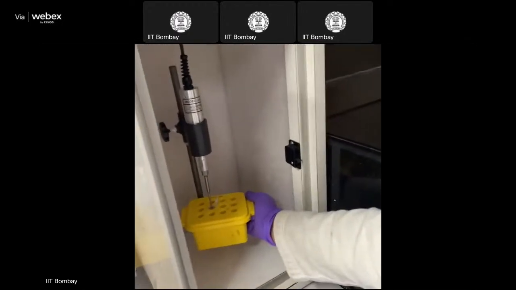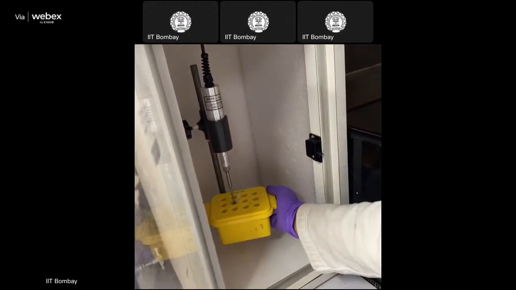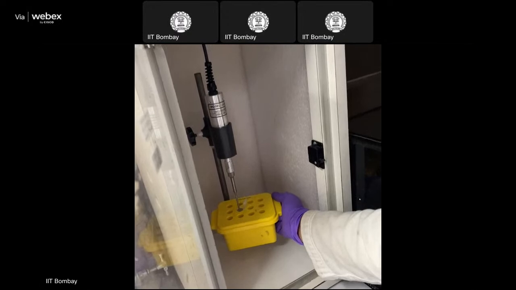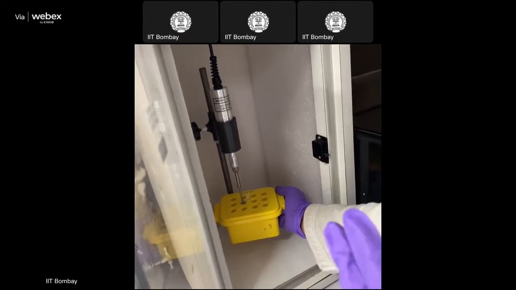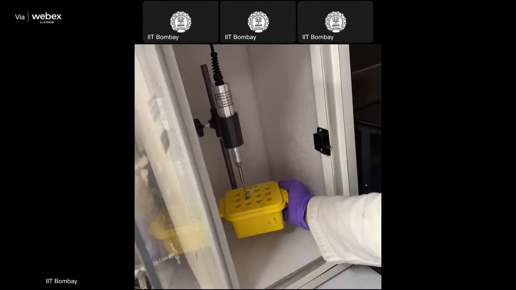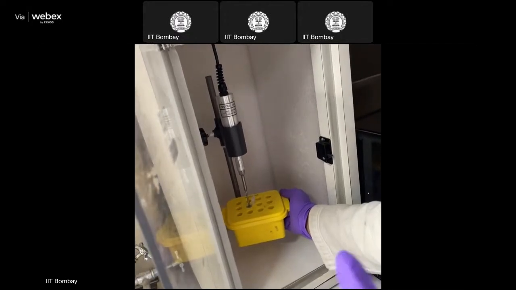So it will take 1 minute to sonicate my sample. Due to sonication, the lysis will happen and the protein will come out of the cell.